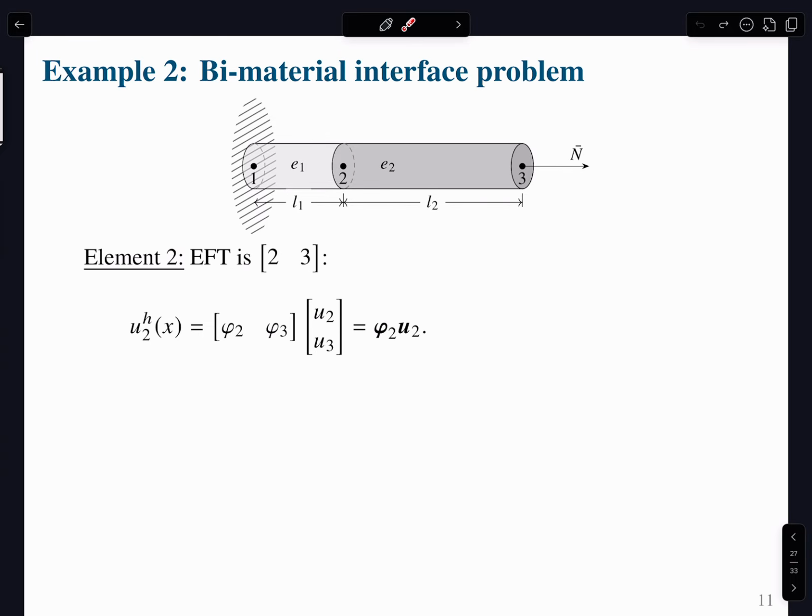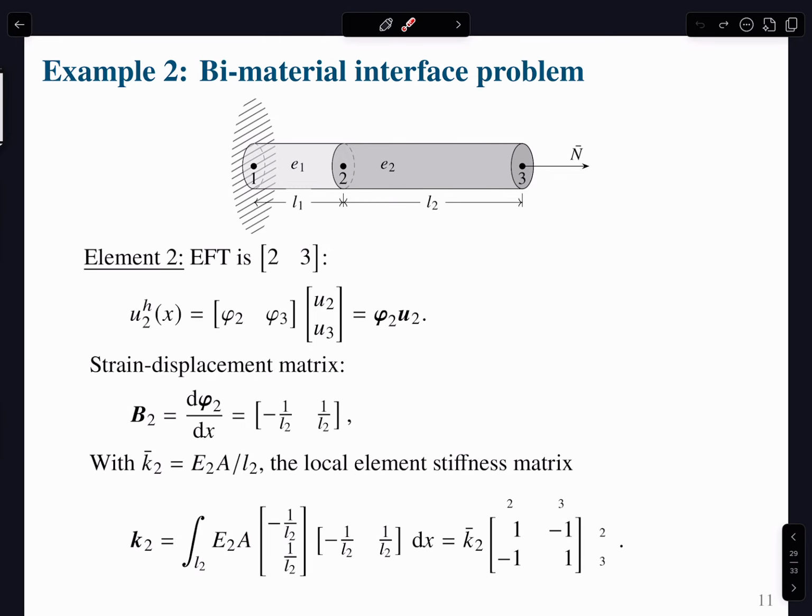So this one is connected to nodes 2 and 3, right? And now I do the same procedure, strain displacement matrix, and then my local stiffness matrix. And now I have this K2 bar because I have a different Young's modulus. And now I do the assembly operator. Again, I write down the 2 and 3 that corresponds to my element freedom table. And now I have this one here that is going to the 2, 2 location, right?